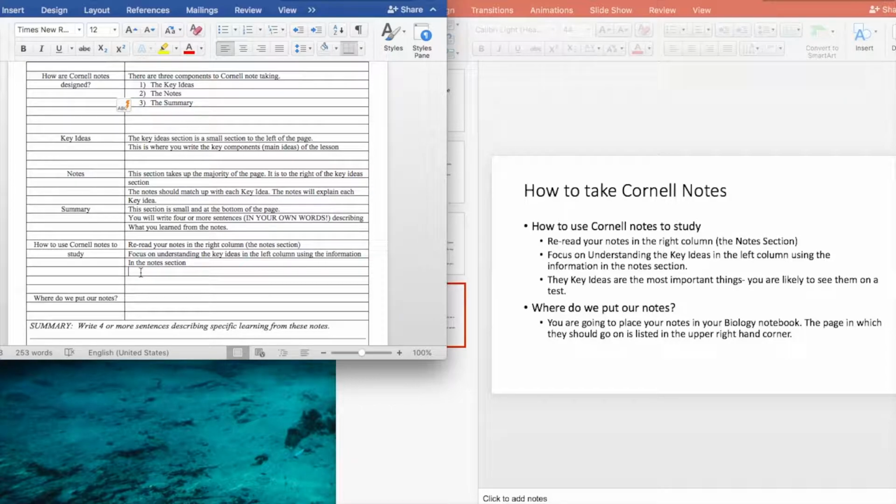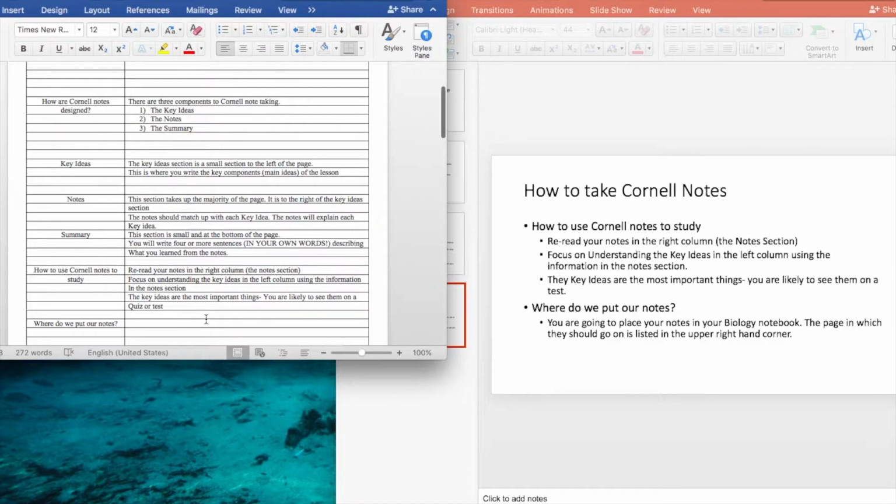And then finally, the key ideas are the most important things. You are likely to see them on a quiz or a test.